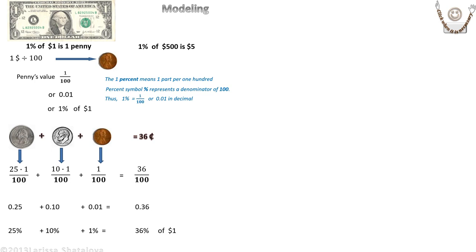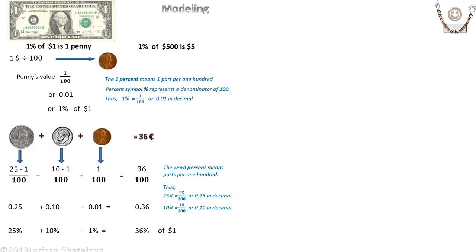All of this is possible because the word percent means parts per 100. Thus, 25% equals 25 over 100 or 25/100ths in decimal. 10% equals 10 over 100 or 10/100ths in decimal.